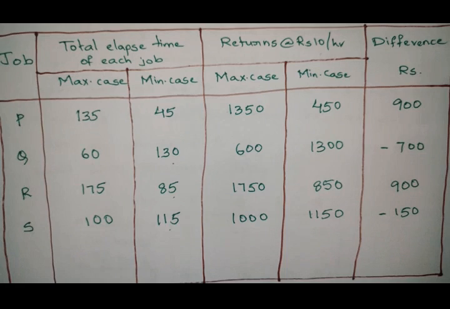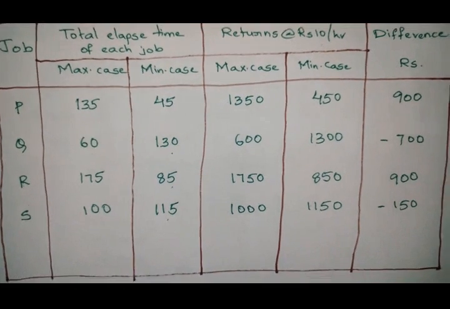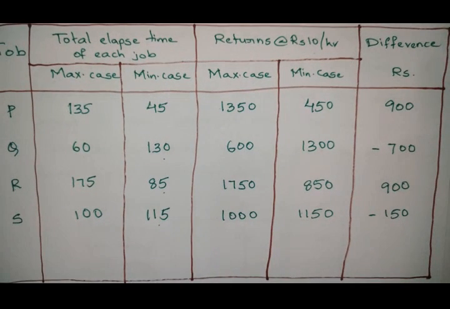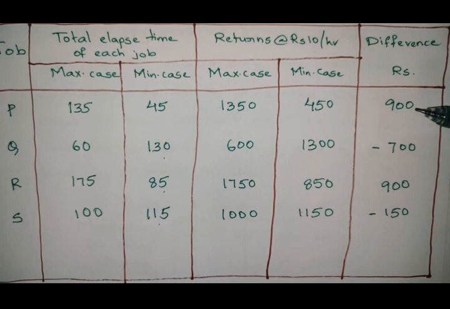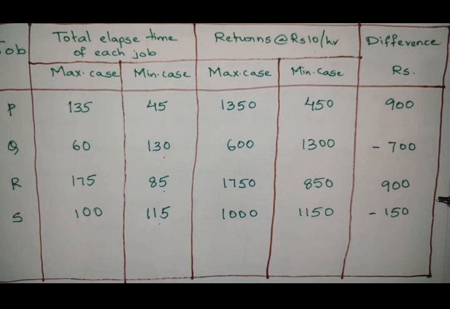So if Sham is delaying more, then he will gain 900 rupees on job P, lose 700 rupees on job Q, gain 900 rupees on job R, and lose 150 rupees on job S. So let us find the total difference on these four jobs.